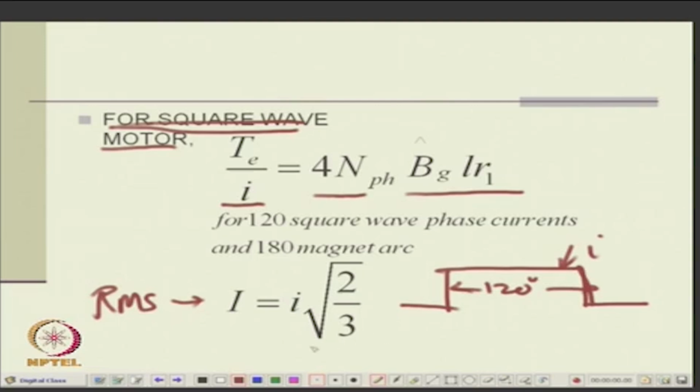Okay. See, you may know that while the average value may give you average torque, the RMS value is the one which decides the heating in the coils. So RMS and average will have different impacts on the motor. Okay.